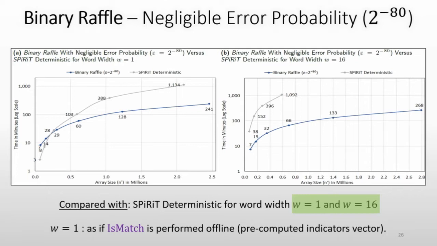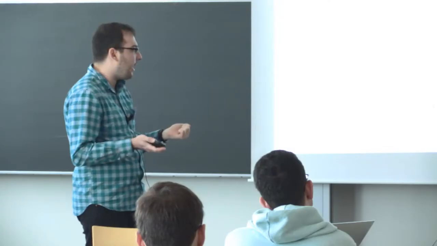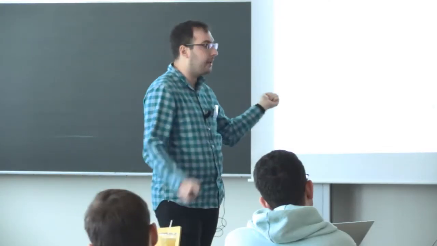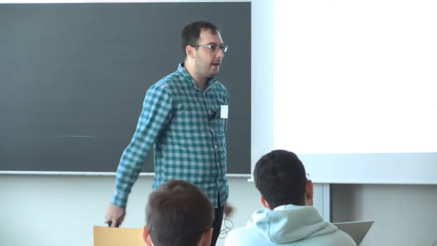We compare the binary Raffle protocol with a negligible error probability, a really small error, to the deterministic version of SPIRiT for words of size 1 and size 16, where I want to mention that words of size 1 is as if we performed the matching criteria offline, for example, by pre-computing the indicators vector before sending it to the server.